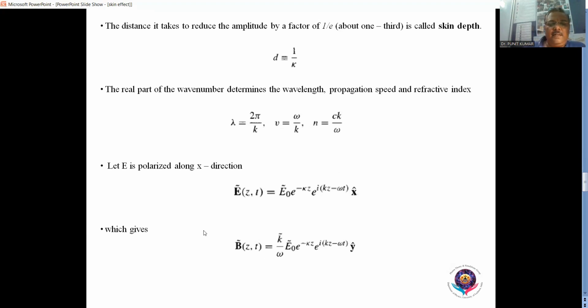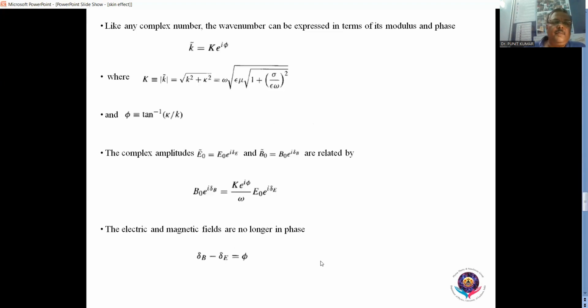These are the resultant electric and magnetic vectors, where the direction of propagation is the Z direction, and the electric field is polarized along the X direction, and the magnetic along the Y direction. Like I said earlier, the wave vector is a complex quantity with real and imaginary parts.